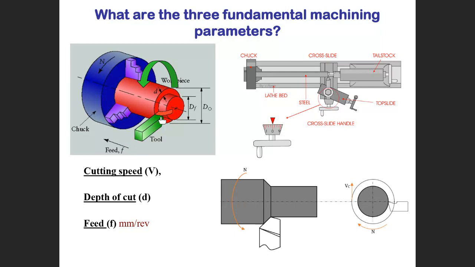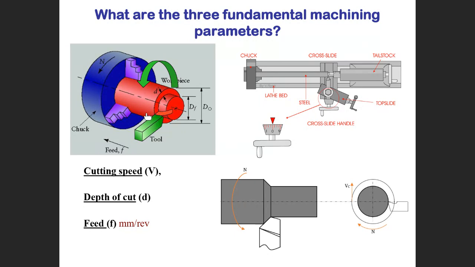Then the tool must travel in the longitudinal or axial direction to perform the cut from beginning to end. This travel speed in the longitudinal direction is what we call feed, in millimeters per revolution.